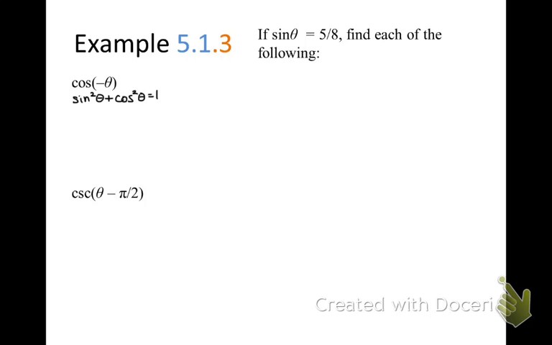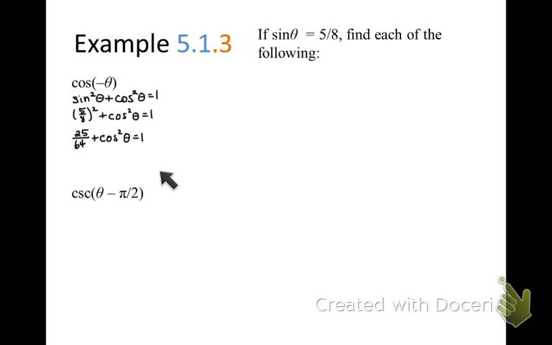So the sine is going to be 5/8 squared plus the cosine squared of theta equals 1. 5/8 squared is 25/64, plus the cosine squared of theta equals 1.